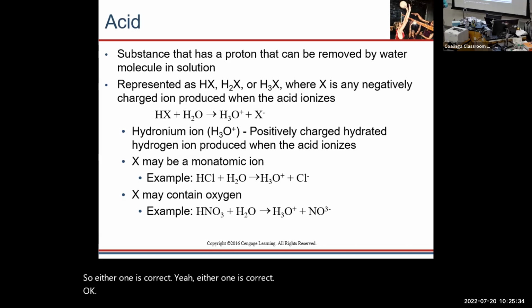Now, if we have two hydrogens to give away, like in the case of sulfuric acid, what's the chemical formula for sulfuric acid? Here, I'll put it on the board so you guys can see.